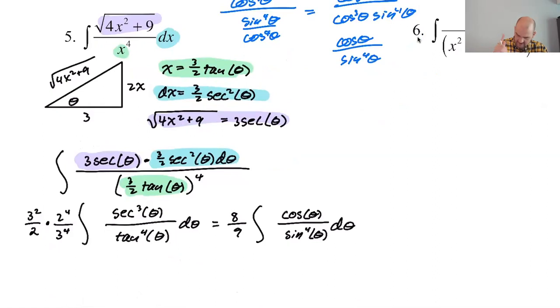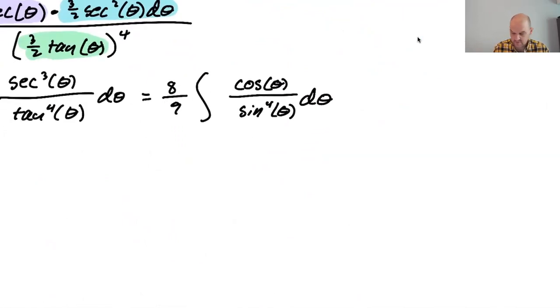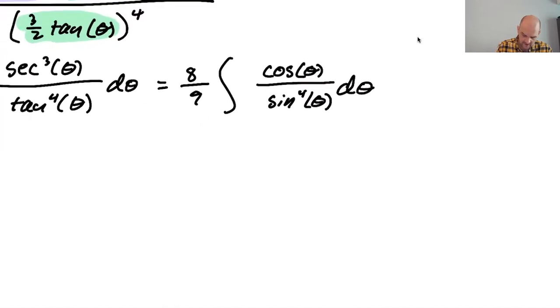And that is pretty much a perfect thing. If I made u equal sine, then du would be cosine d theta. So it's just u to the -4th, which is negative plus 1 times the reciprocal, so negative 1/3. Negative 8/9 times negative 1/3 is negative 8/27ths, and then I get sine to the negative third.